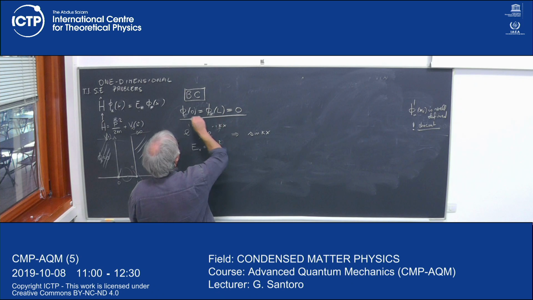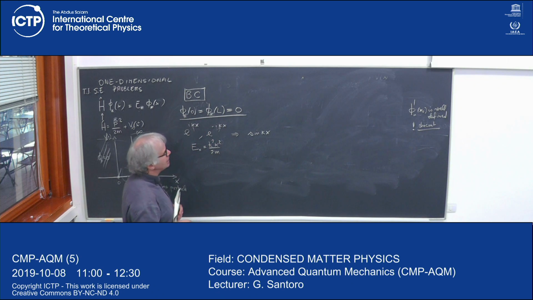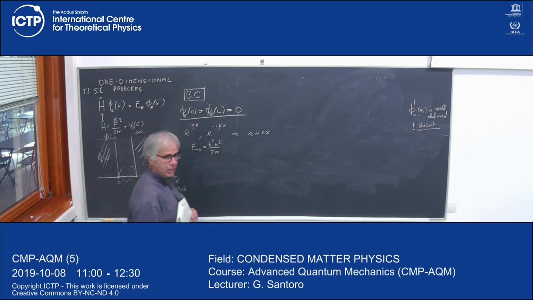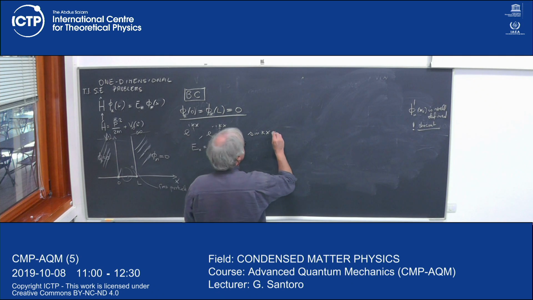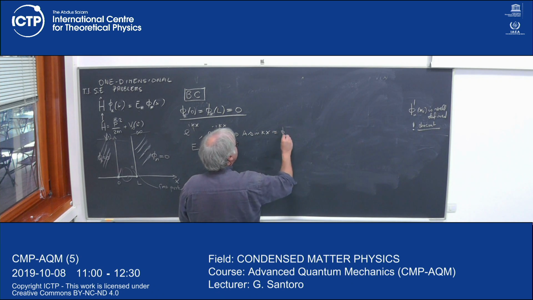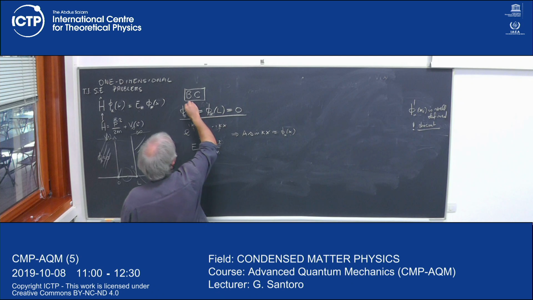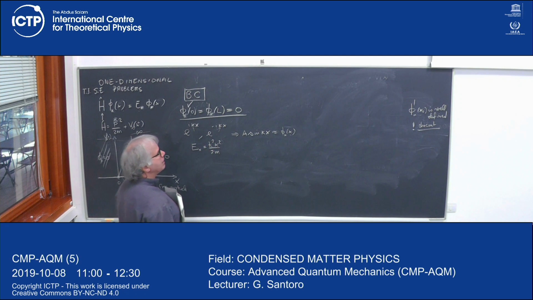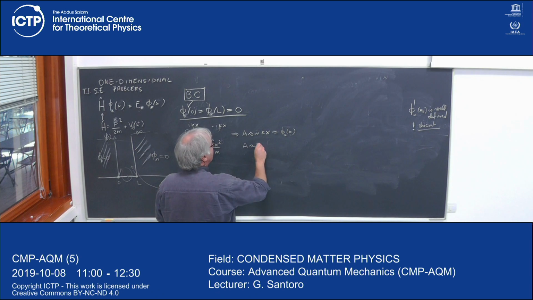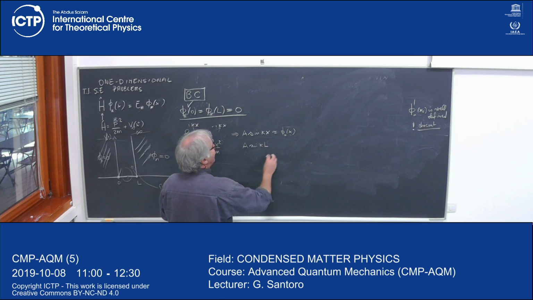Now, why did I choose the sine? I chose the sine rather than the cosine because it is certainly always 0 at 0. So fantastic. I write the constant here, and this is phi k of x, and automatically at 0 it is fine. But what about the value of the function at L?